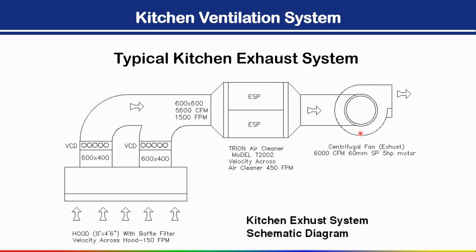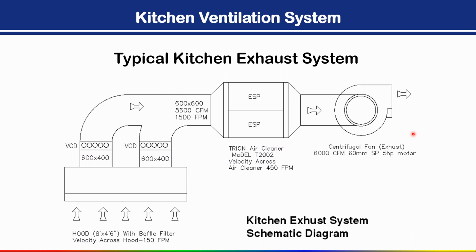After that we have installed the centrifugal fan, and sometimes we have to install an inline cabinet fan. It is based on your requirement. If you are doing kitchen exhaust ventilation in a large commercial area, then we have to install a centrifugal fan, because there are many advantages of a centrifugal fan.